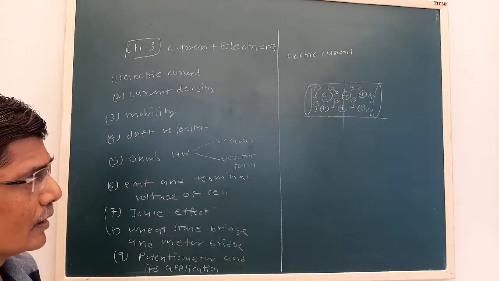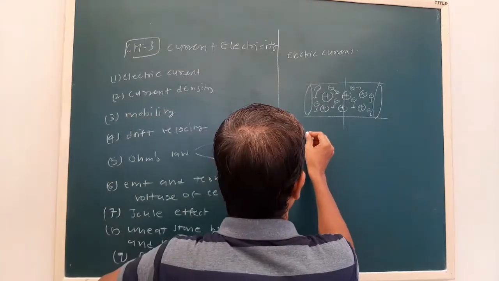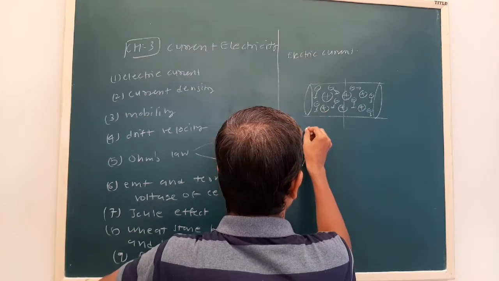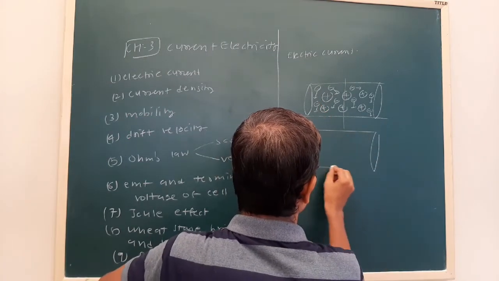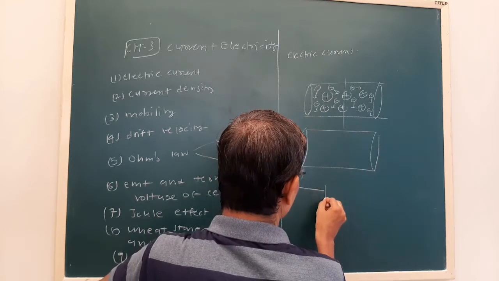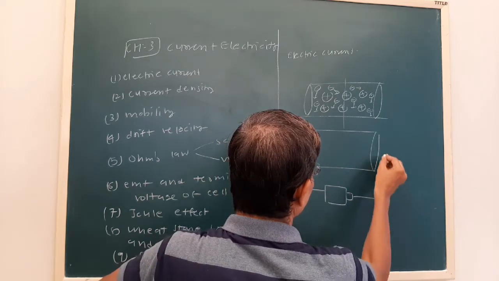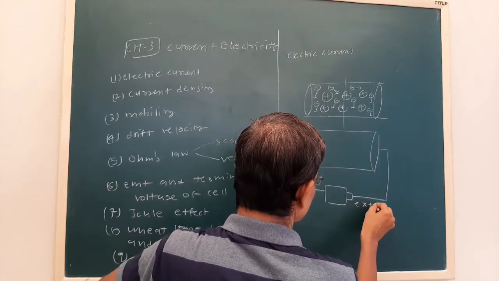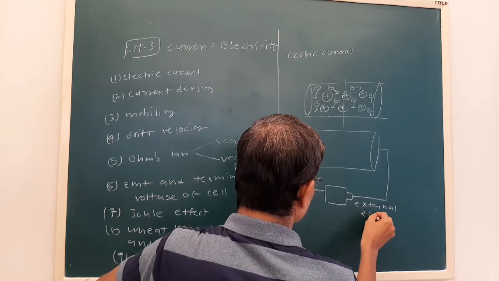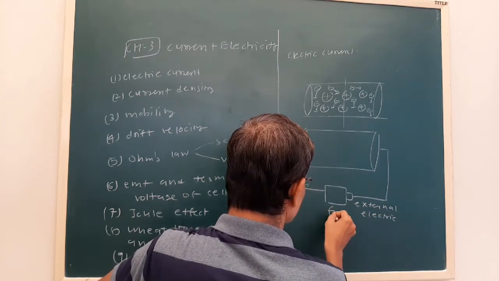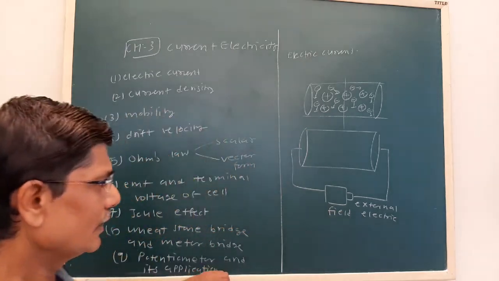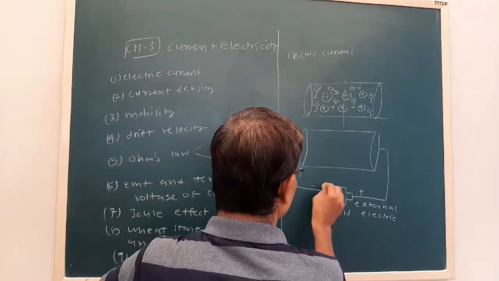But suppose we connect it with a battery. Now we know a battery is a source of electric field, that is an external electric field. This is the positive of the battery.